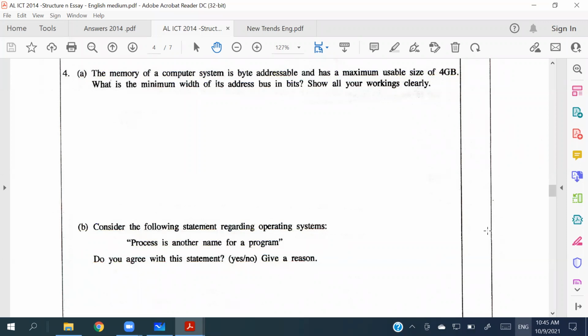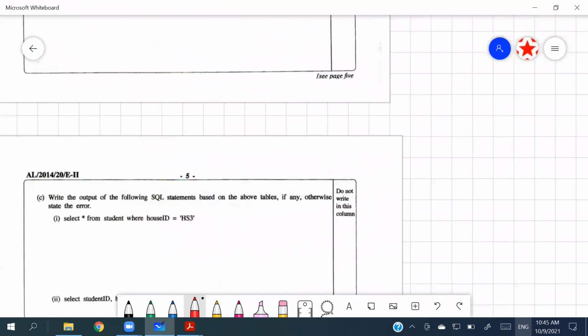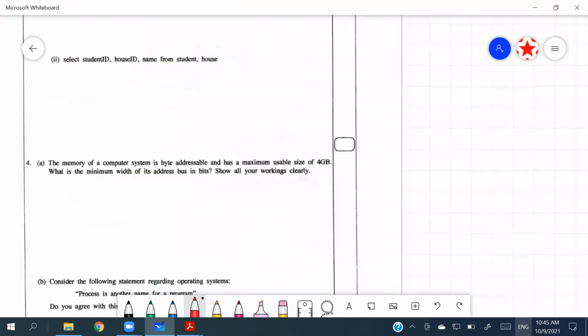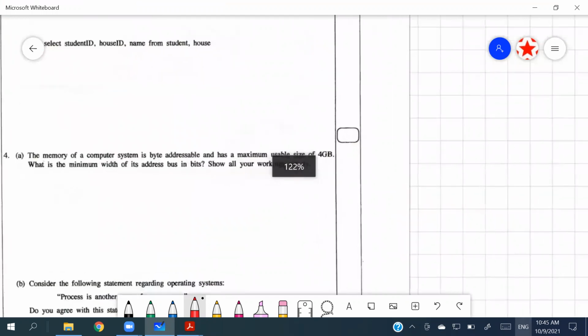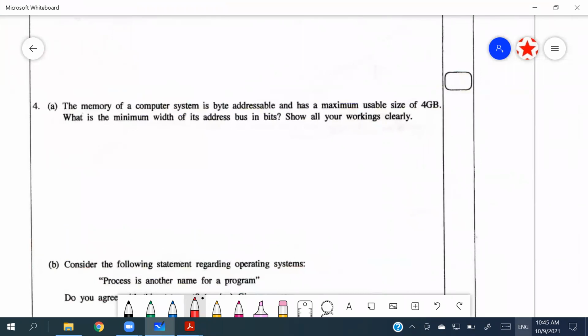What is the minimum width of its address bus in bits? Right, so it says it is byte addressable, and it has 4 GB. So it's easy, right? It says byte addressable and maximum usable size is 4 GB.